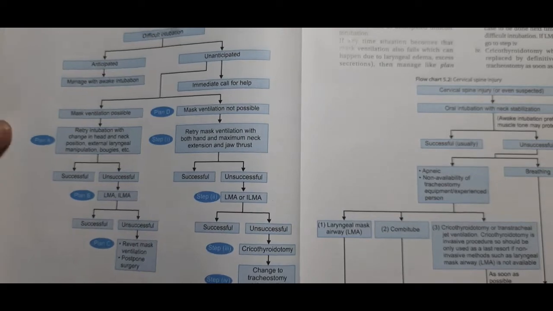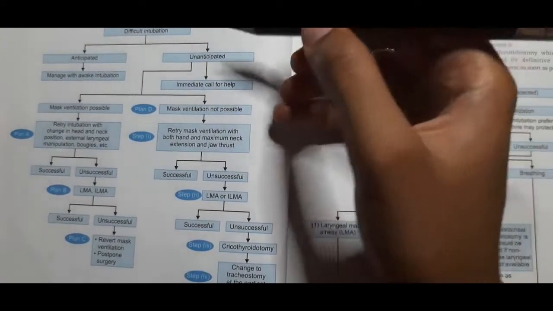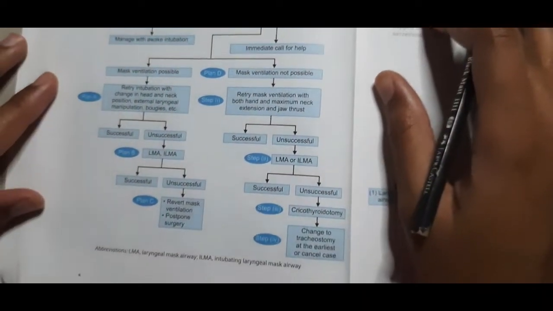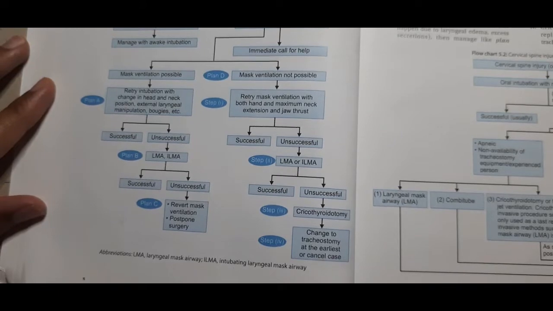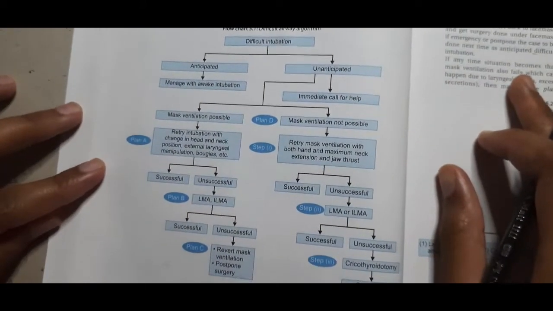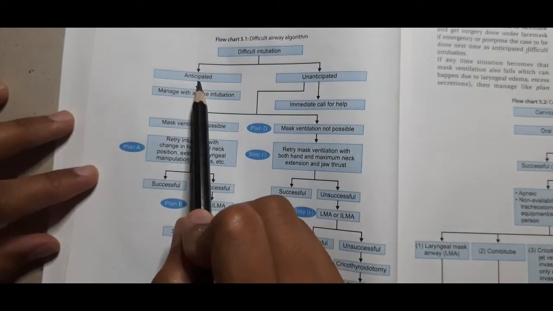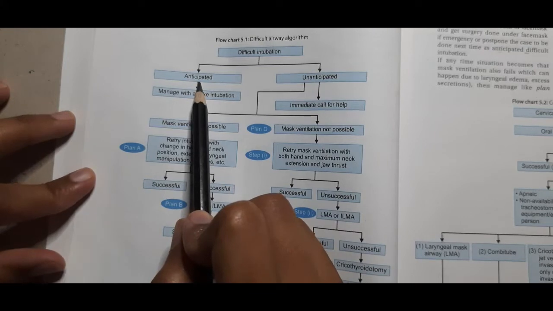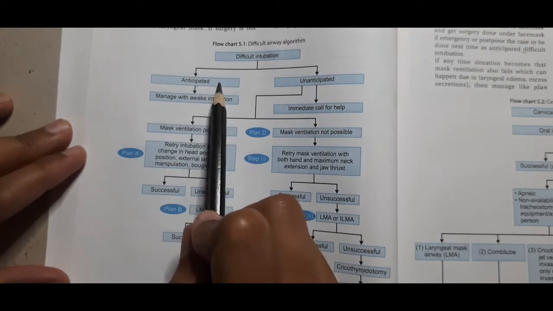Since those were just the explanation part, now we'll go through the actual difficult airway algorithm that is given here. So how do you manage it is put into a very small chart over here. Firstly, in difficult intubation, it could be anticipated, that is, before the surgery is performed you already know that there is going to be a difficult intubation.